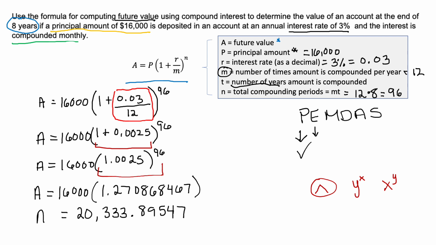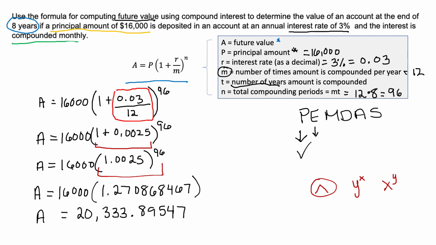And this is what A equals. Now A is our future value, which is a monetary amount. That's what we're going to get after we invest, and it's compounded monthly for 8 years at a 3% interest rate. So this is what we'll get.